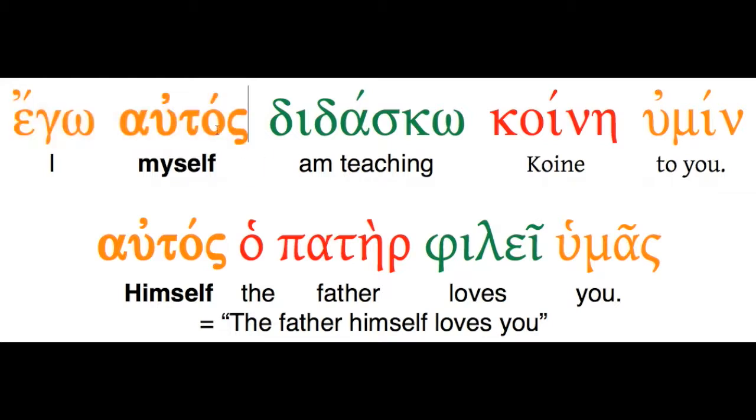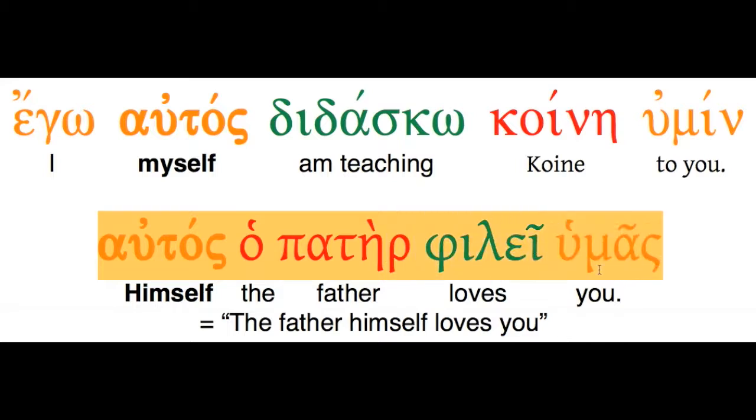Now, when you see autos used in this emphasizing way, it will never have the article. The fancy word for that is predicate use, but just for now, remember, no article. Ego autos didasko, I myself. Well, here's another example. Autos ha pater philei humas.